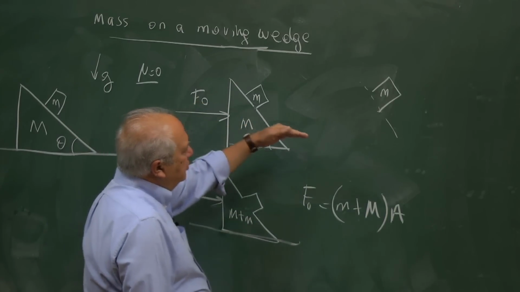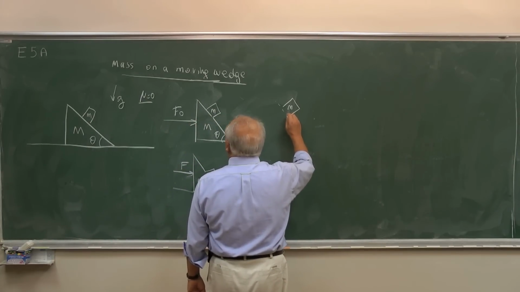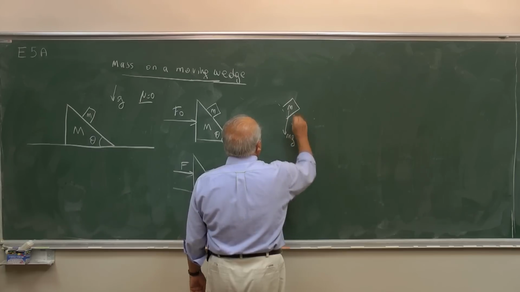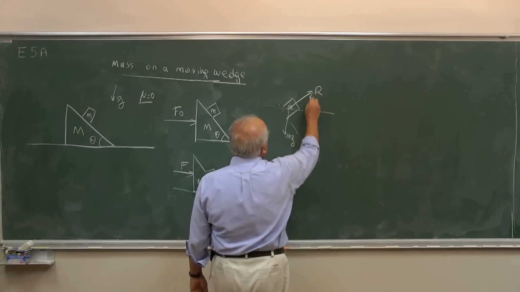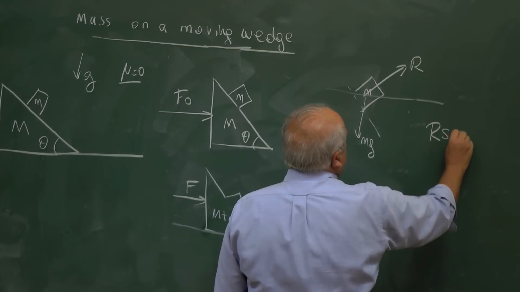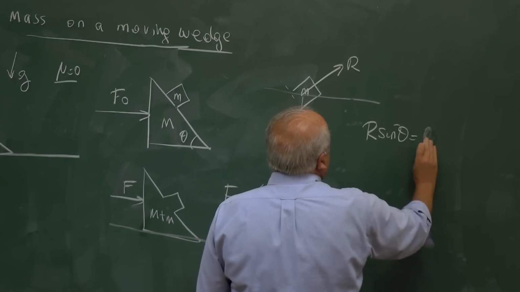Therefore, it's accelerating to the right with the acceleration a. So if you put the forces again, mg down, this is the R. So the component of this force along the horizontal gives it the acceleration. R sine theta is equal to ma.